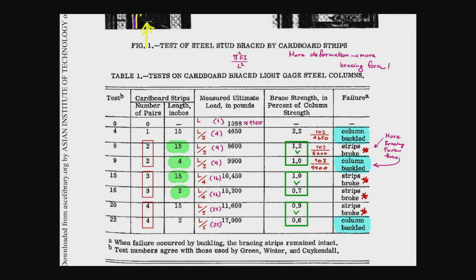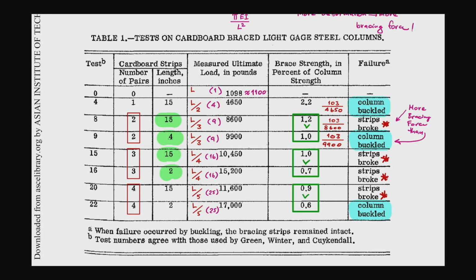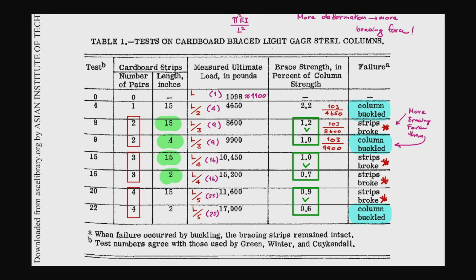We can see the dynamics of this issue. And the last one is sort of weird, the column buckled, but the strip doesn't break. But it might be the more global column buckling. I don't have very detailed pictures of this column buckling. Anyhow, you are expecting 25 times more than the unbraced case.